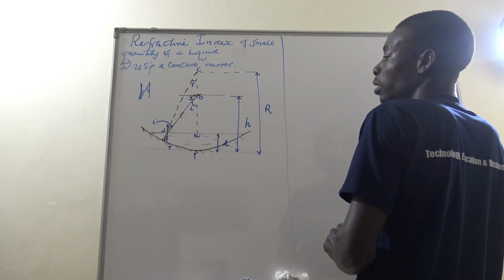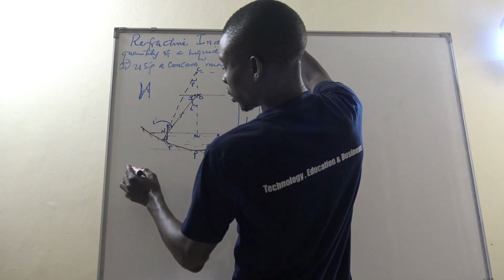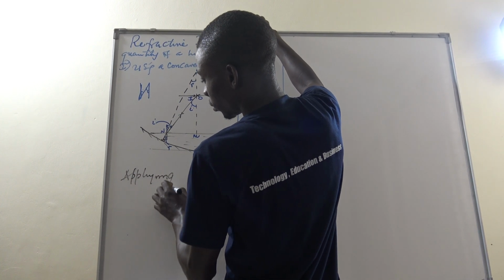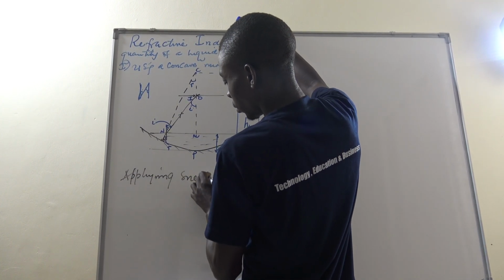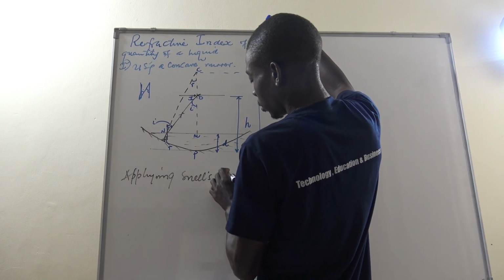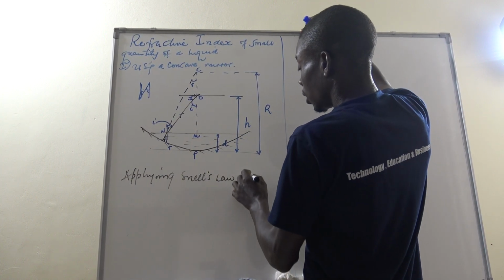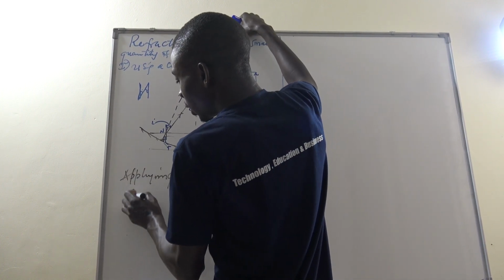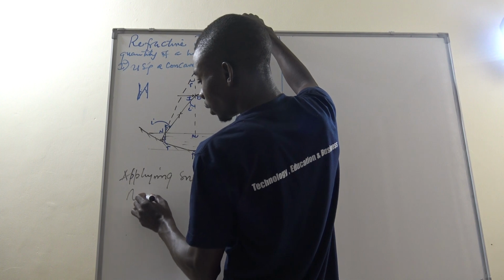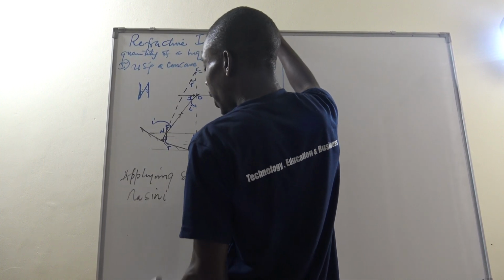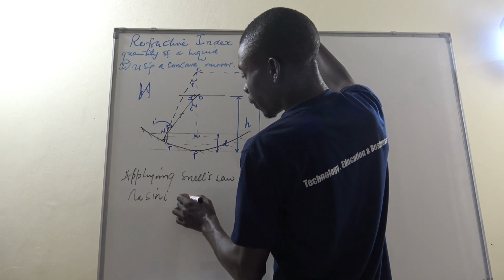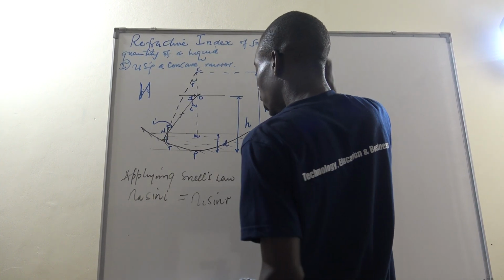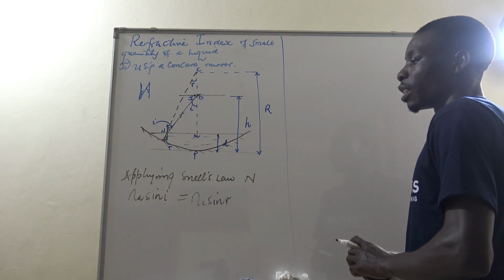applying Snell's law, at any, we shall say refractive index of air, sine of angle in air, to be equal to refractive index of the liquid, sine of angle in the liquid.